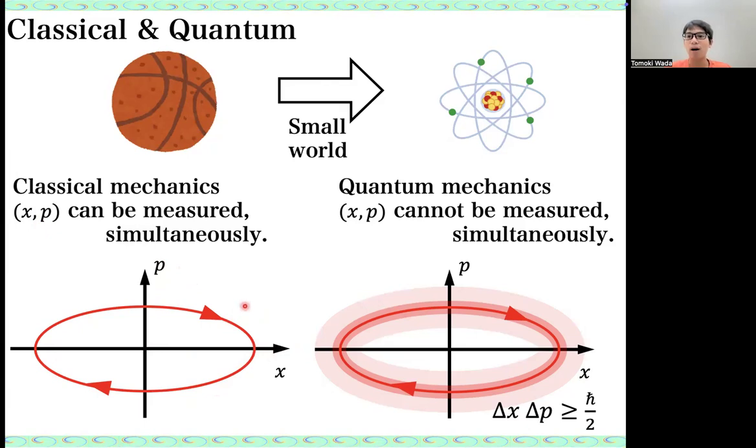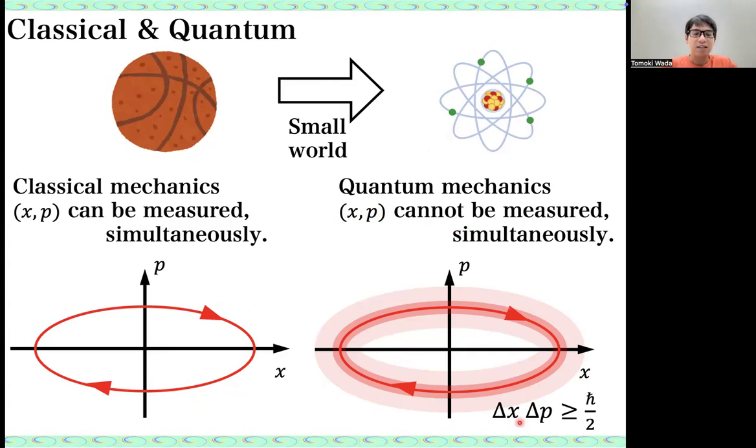But in the small world, the situation is different. When you consider electrons or positrons or protons or atoms, in this case, quantum mechanics is important. And in quantum mechanics, you cannot measure both position and momentum at the same time.